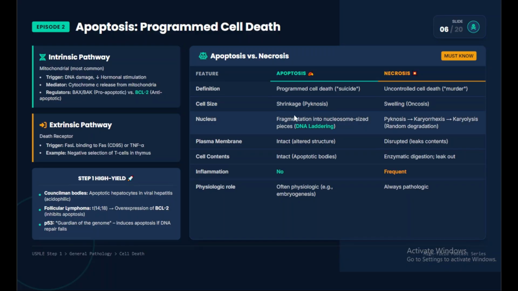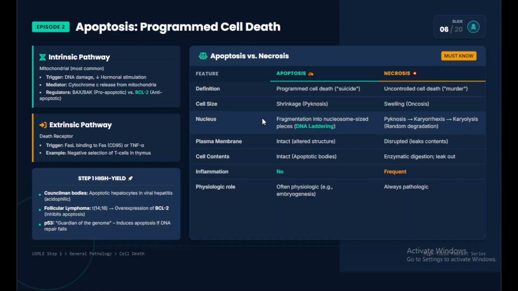Now, if I talk about the nucleus, in apoptosis there is fragmentation. Everything is packed, fragmented into pieces, because apoptosis is a very clean, very regulated, organized pathway.